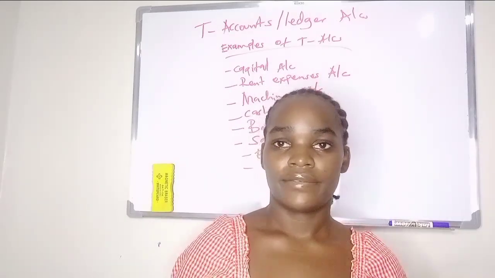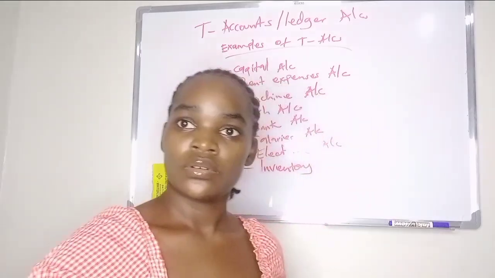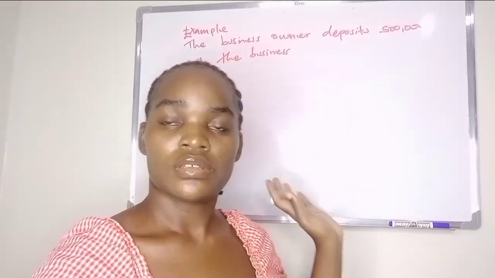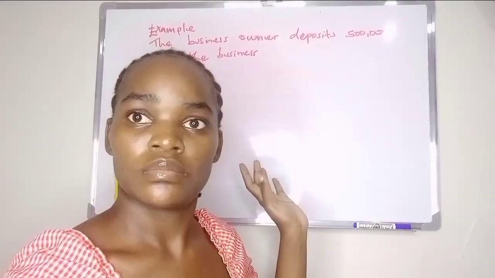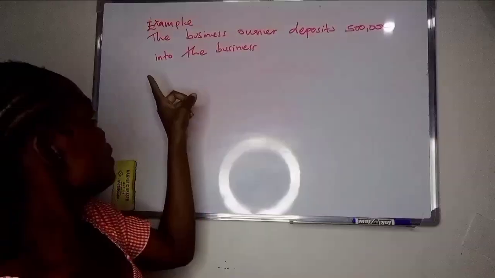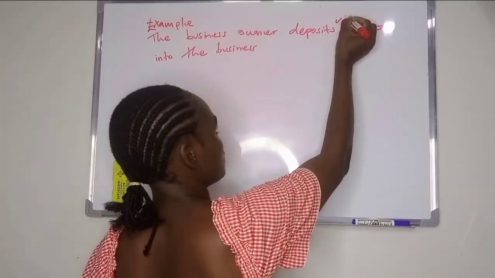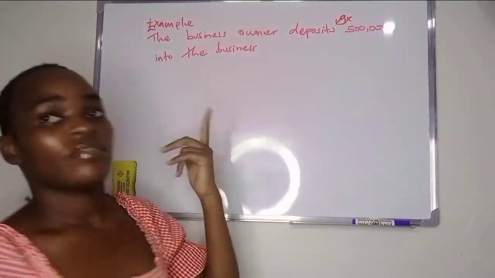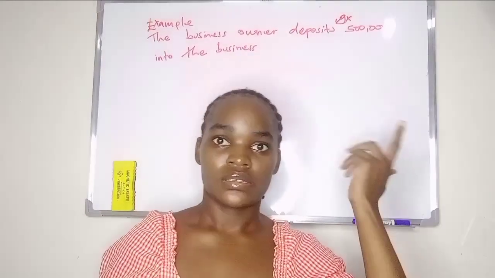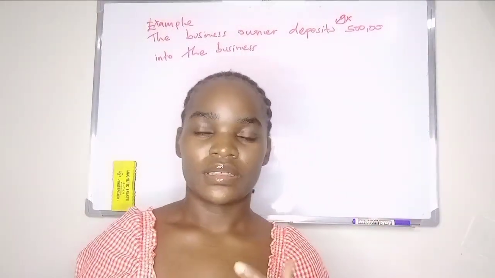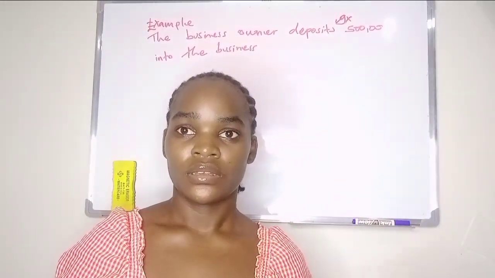So let's have an example. So this is our example. The business owner deposits 500 into the business. So a deposit is something that is put in the bank.